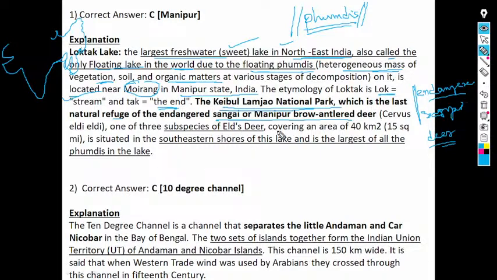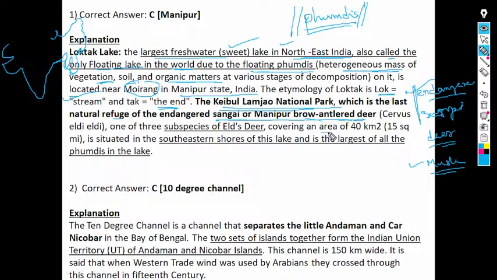This is one of those species, and musk deer is also seen in this Keibul Lamjao Park. But here there is this antlered deer, the endangered Sangai deer, also seen here.